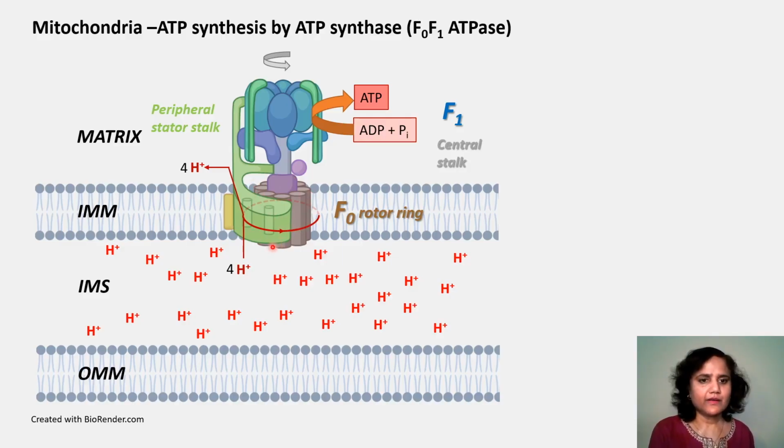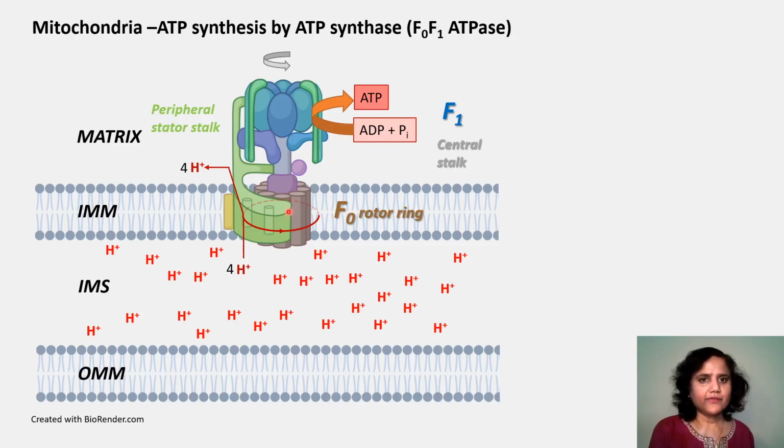So there is a transfer of protons from this complex in a rather convoluted path which makes this part rotate. The free energy of the proton movement down this electrochemical gradient is harvested by the synthesis of ATP.